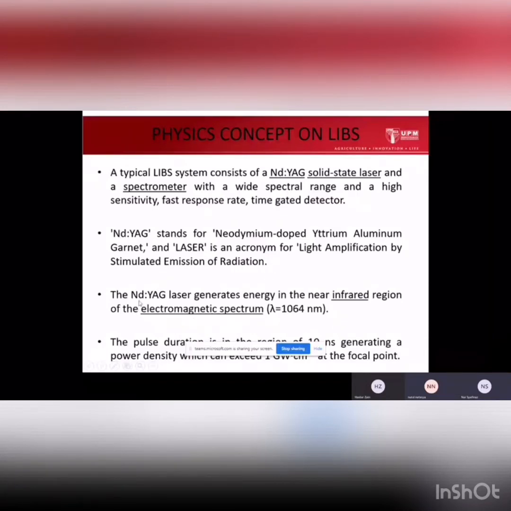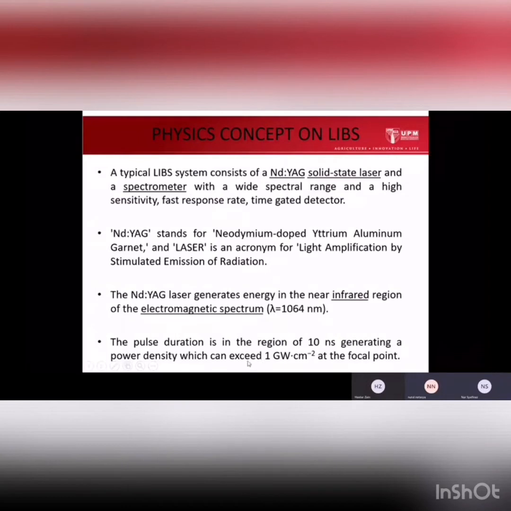So the Nd:YAG laser can generate energy in the near infrared region, with a wavelength of 1064 nanometers. The pulse duration is in the region of 10 nanoseconds, generating a power density which can exceed 1 gigawatt per centimeter squared.